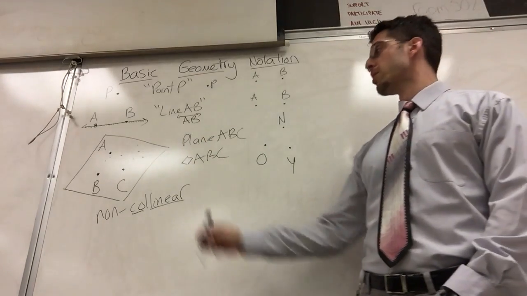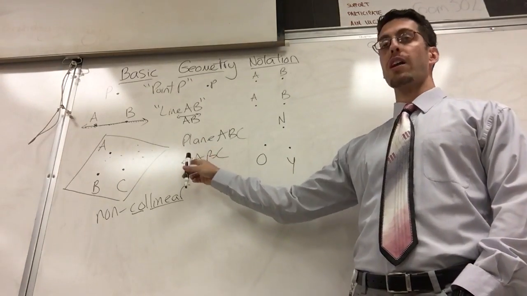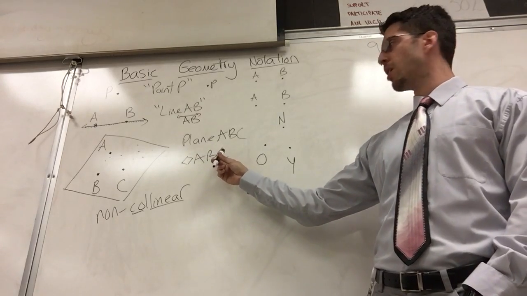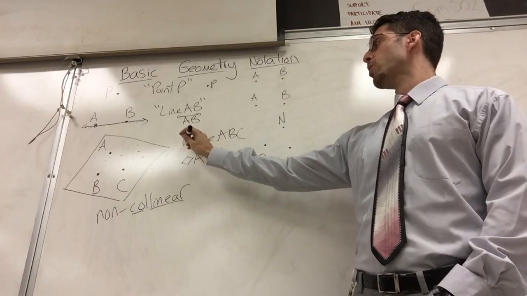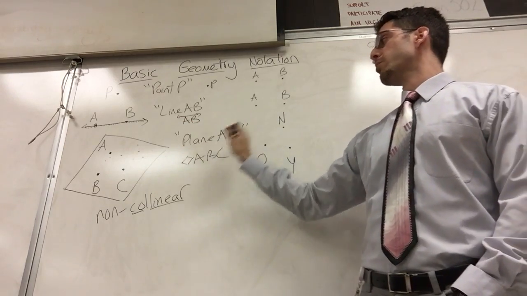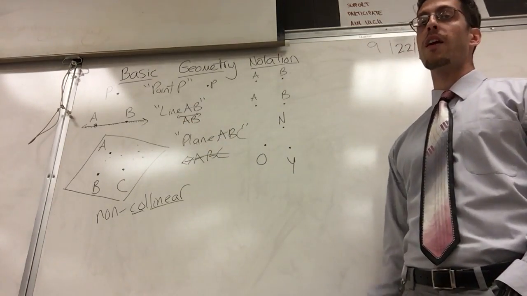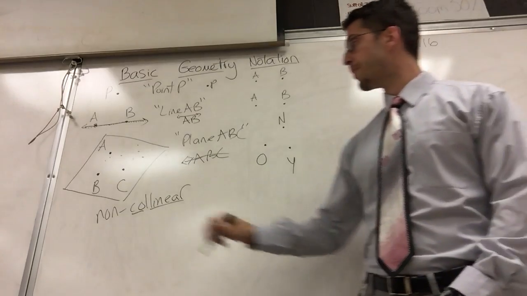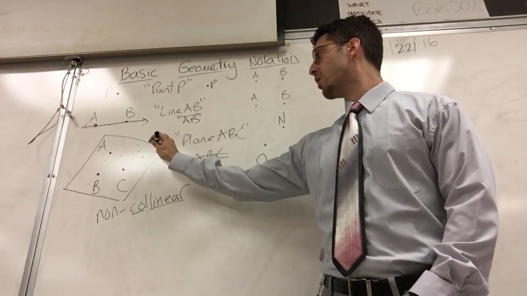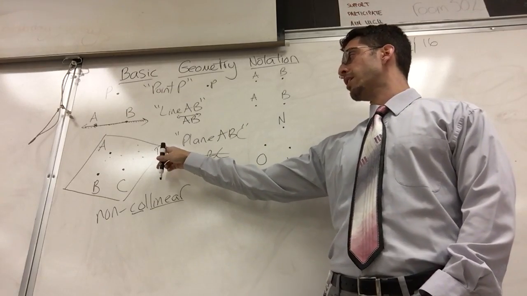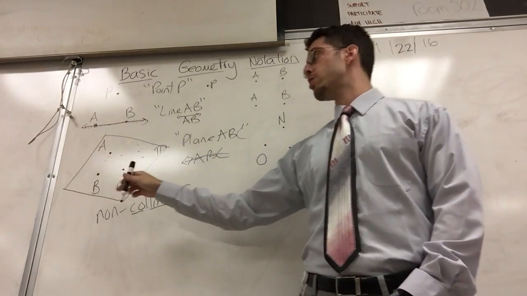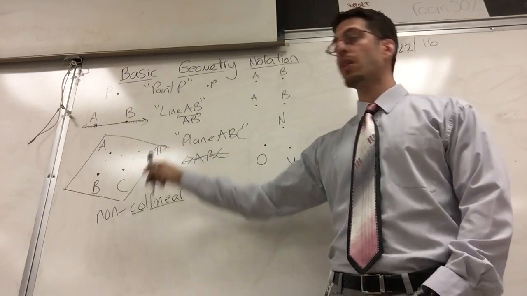Then it gets confusing because this kind of looks like quadrilateral ABC, which is impossible because a quadrilateral has 4 points, 4 vertices. So if I were you, I would just be very clear and specific: plane ABC. Here's the lazy shortcut: they'll put a letter in the corner, let's say P or R or whatever, and then you refer to the whole plane as just the letter in the corner.